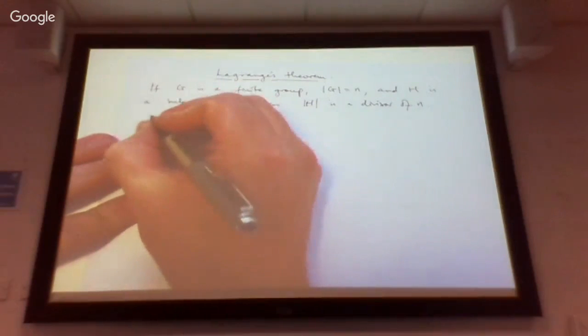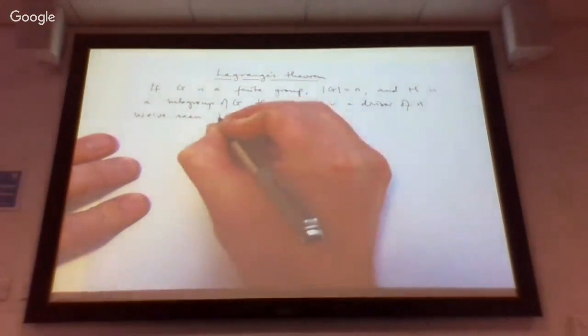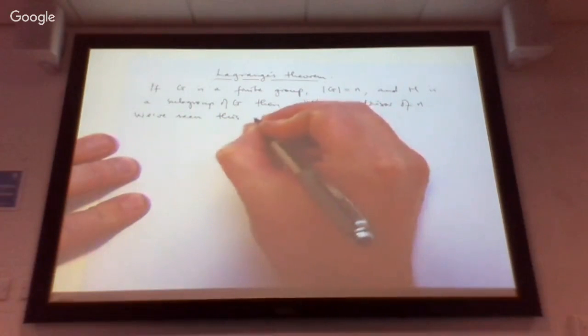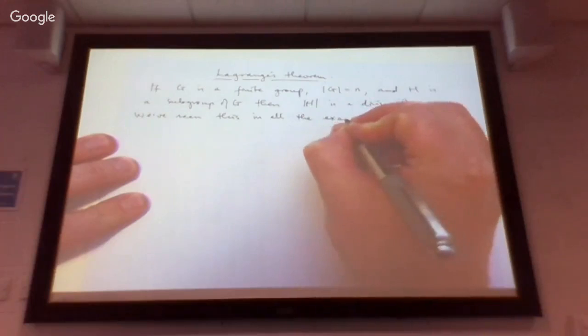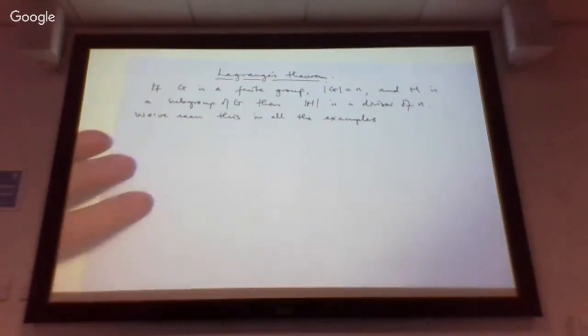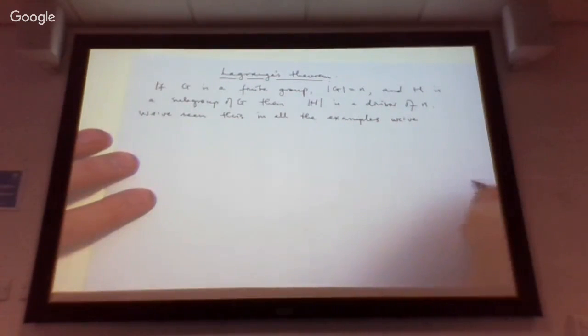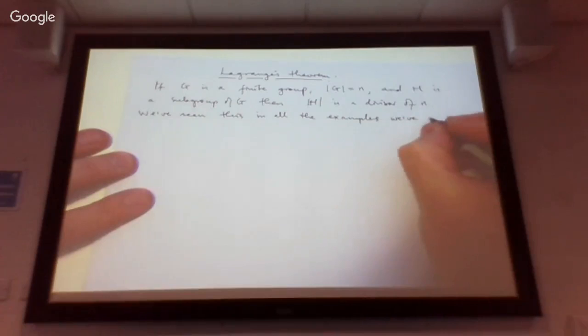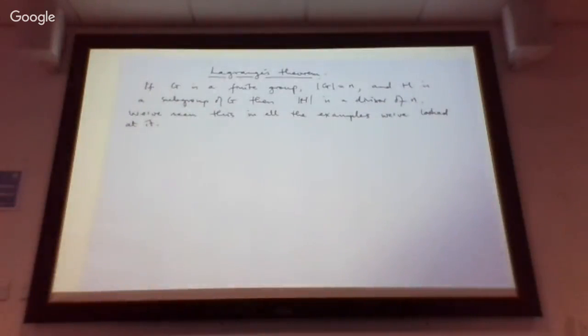So we've seen this in all the examples we've looked at. It has always been the case that the subgroups have had size a divisor of the size of the containing group, but now we can prove it in general.